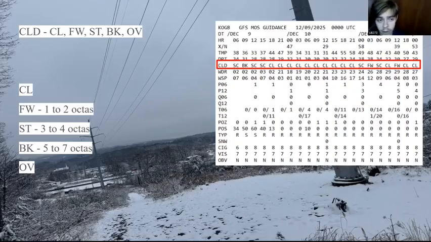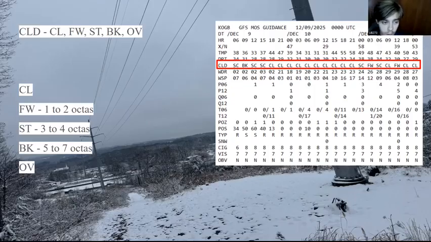CLD represents cloud cover. There's 5 possibilities. CL, clear. That means no coverage. FW, few, 1 to 2 octas, and an octa is just a unit of cloud coverage that can go from 0 to 8. 8 is the most coverage.